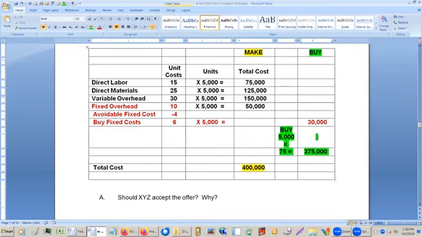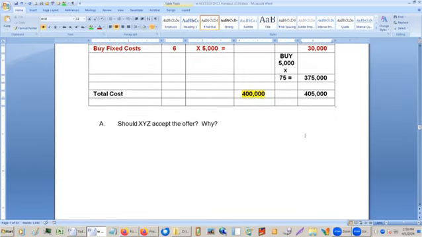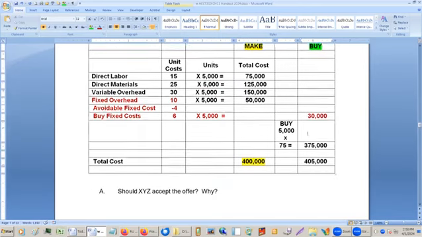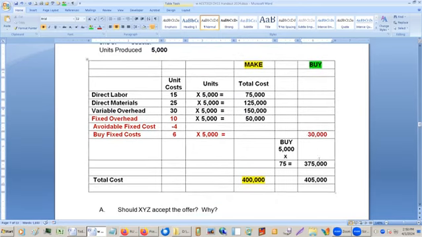So 30,000 plus 375 is about 405,000. Okay. Make or buy. At least initially here.